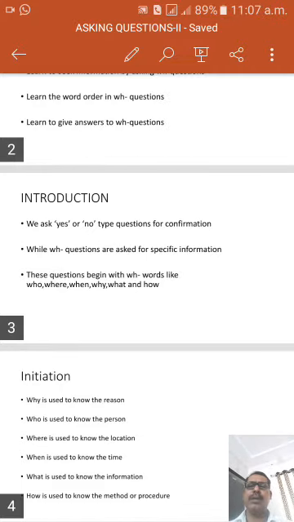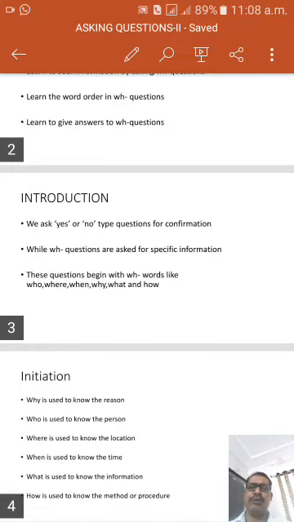These questions begin with WH words like who, where, when, why, what, and how. These are the WH questioning words. All the WH questions begin with these WH words.